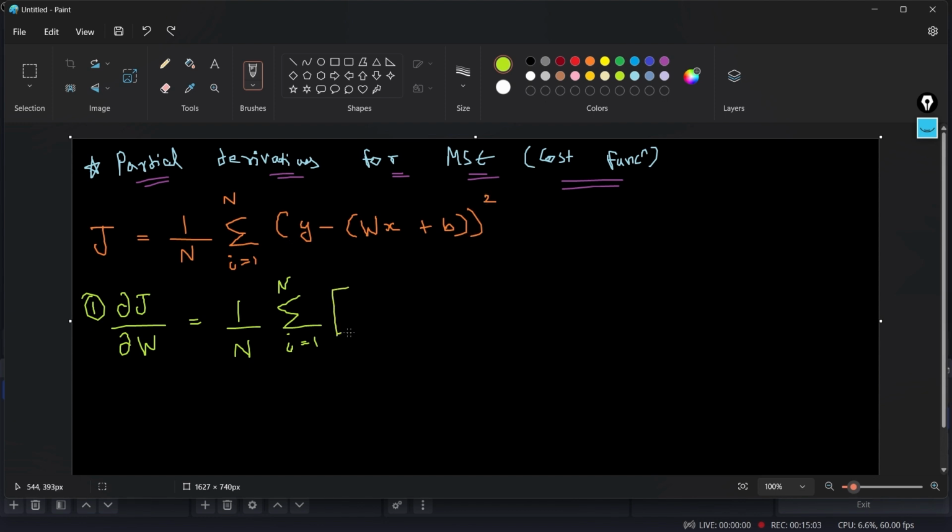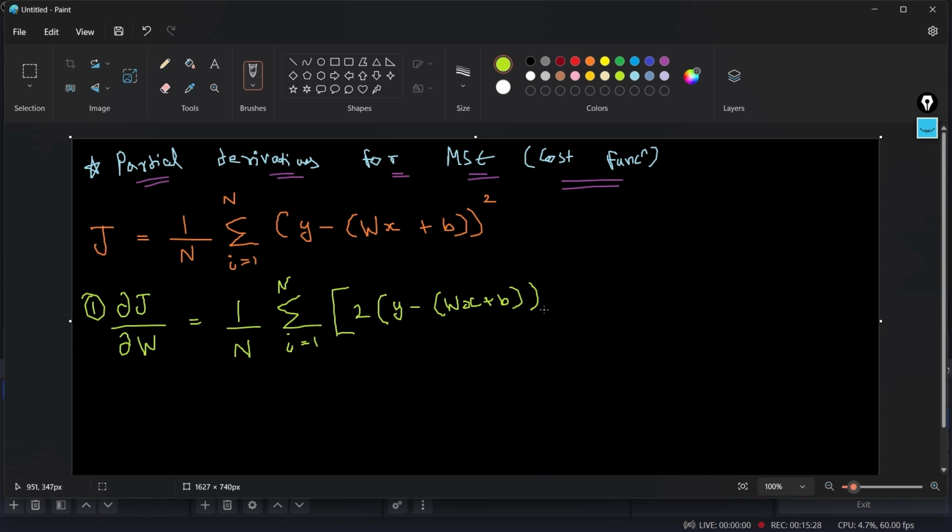So I'm going to bring down that power, so that's going to become 2. And after this 2, we have that whole function as it is, y minus, then inside the small bracket wx plus b, and then I end this bracket, and over here the power of 2 minus 1 will become simply 1. So this is the output that I'm going to get.